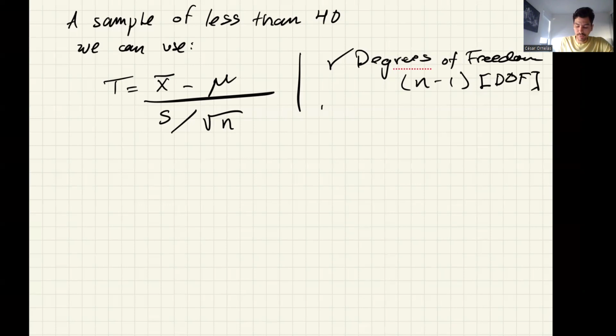Not all distributions are going to be simple. Why? Because the population could have different degrees of freedom, and if you have more than 40 degrees of freedom, you can use the other videos to solve this.